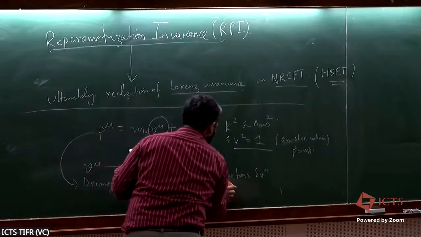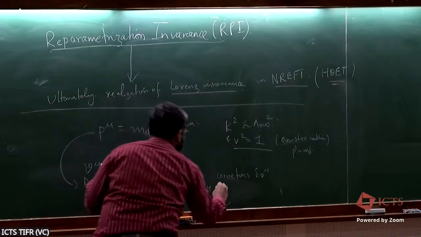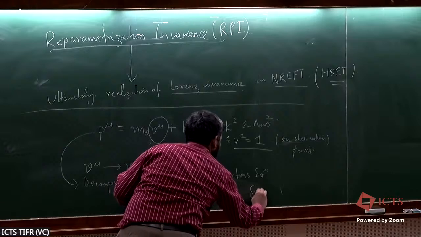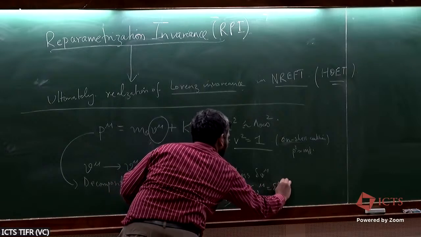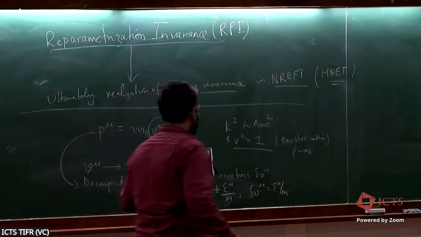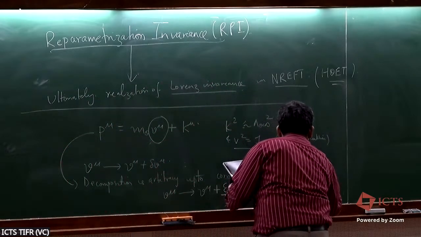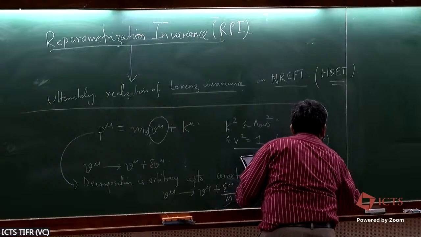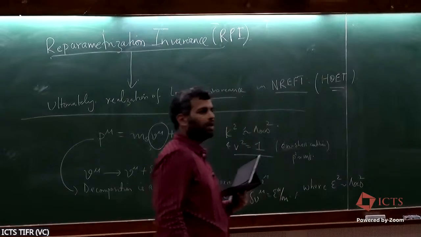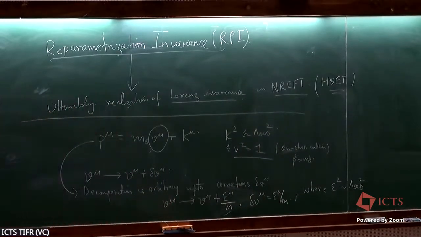Maybe let me define it more properly, where again, I want epsilon square to be of order lambda QCD square. Okay. So let's say the kicks from the soft gluon exchange in the heavy meson.